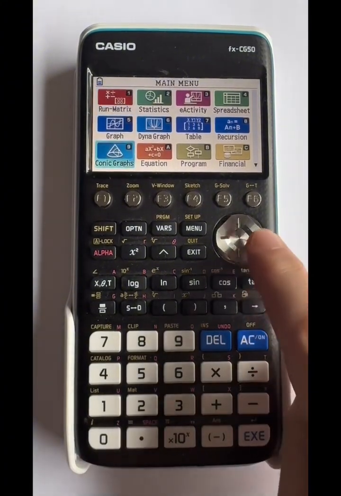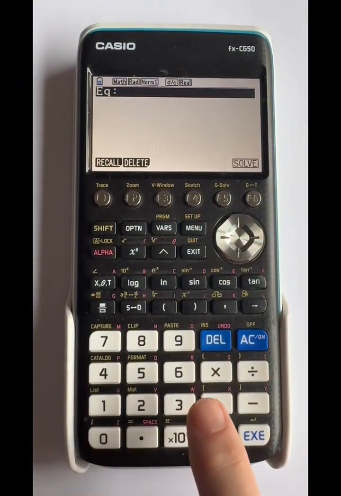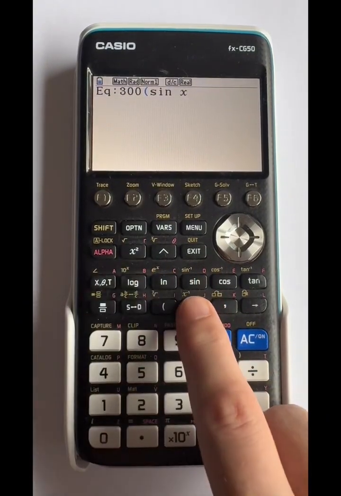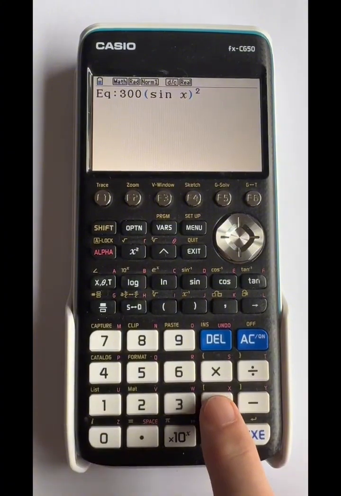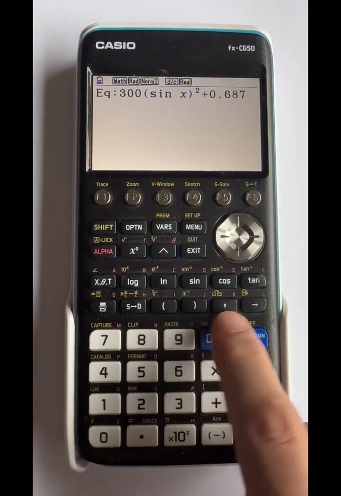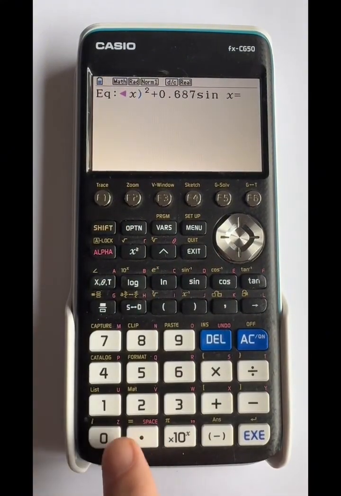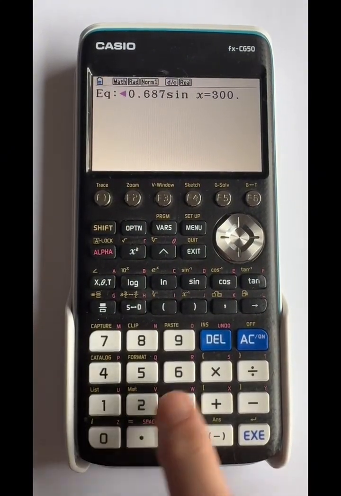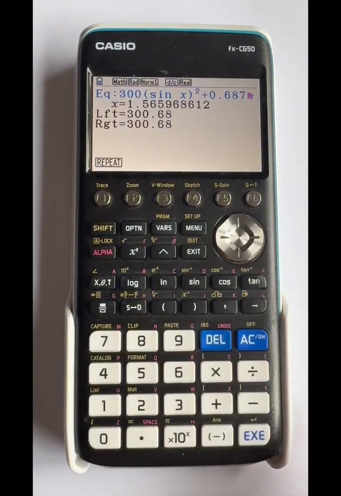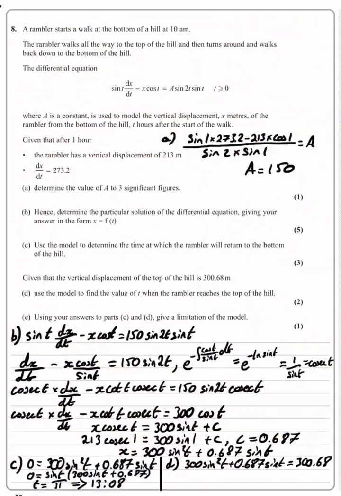So using Casio's equation solver setting, you can just type the equation in as it is and do all the heavy lifting for us. So 300 sine of x squared plus 0.687 sine of x is equal to 300.68. When I solve that, we get 1.57 to 3 decimal places.